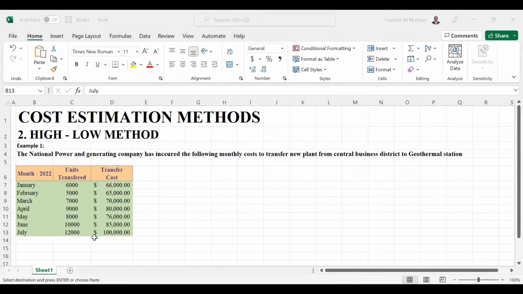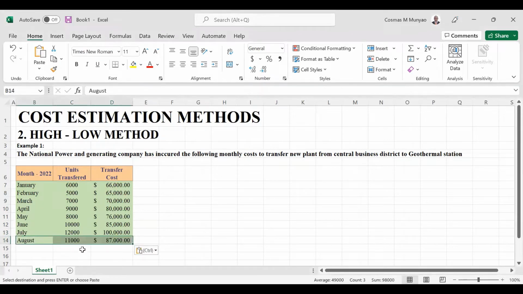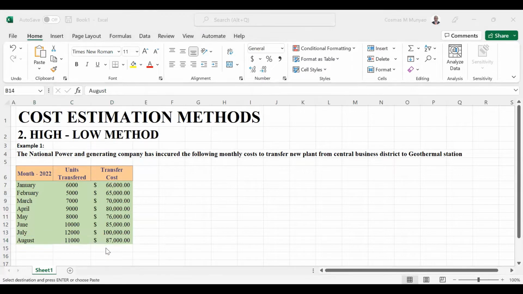That is what they paid. Then in August, the company transferred 11,000 units, but this time incurred a cost of $87,000 US. All right.